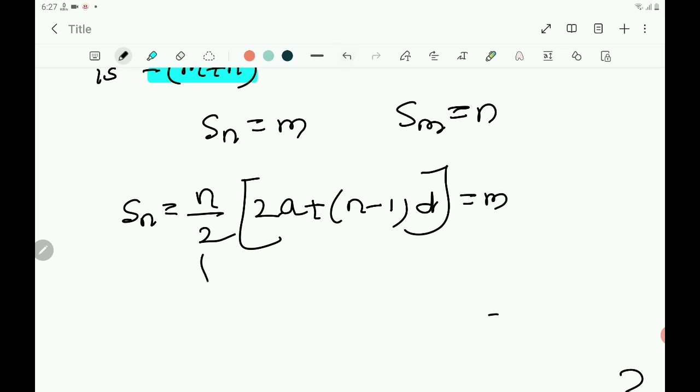In the next step, you transfer this 2 to the RHS and multiply each term in the bracket by n. That is n into 2a is 2na.